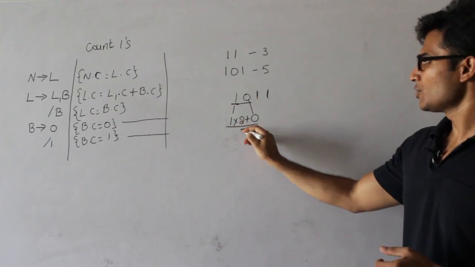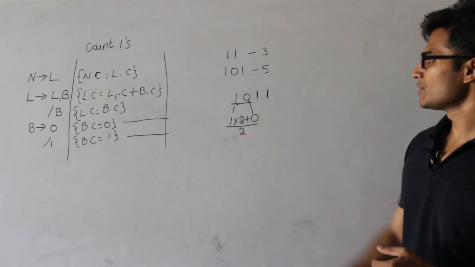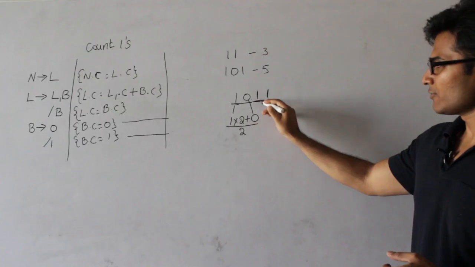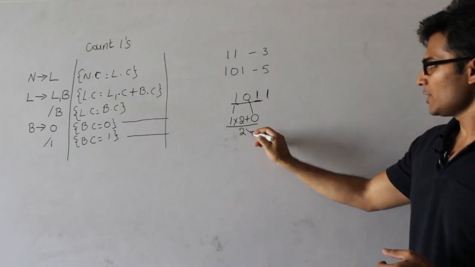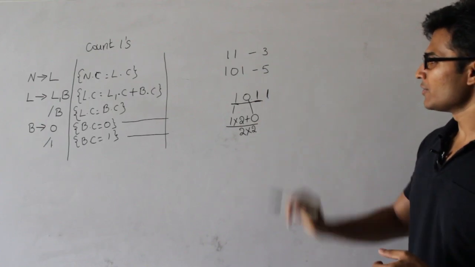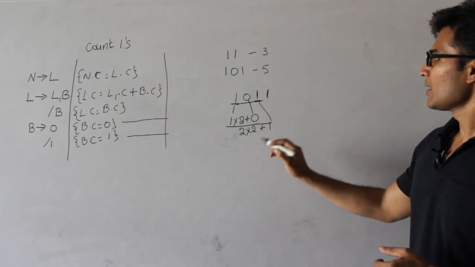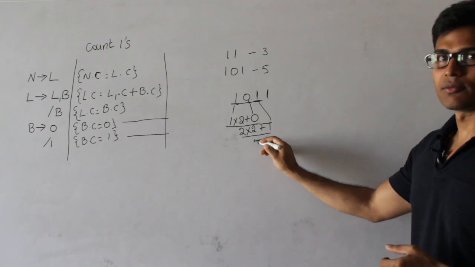That is how you get 2, which means 10 is now 2. Whenever you append one more bit, which is 1, we multiply the value of the previous number by 2 and then add 1. So the total is going to be 5.